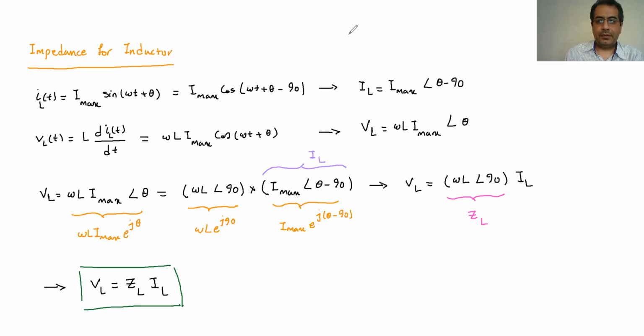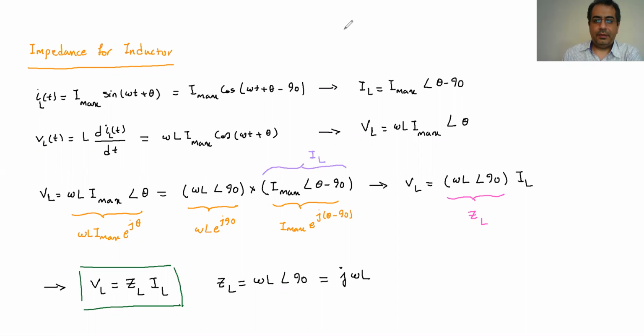And ZL is omega L with angle of 90, which is simply j omega L. When we have the angle of 90, it means that we are completely on the imaginary axis, so everything is going to be on the imaginary axis.